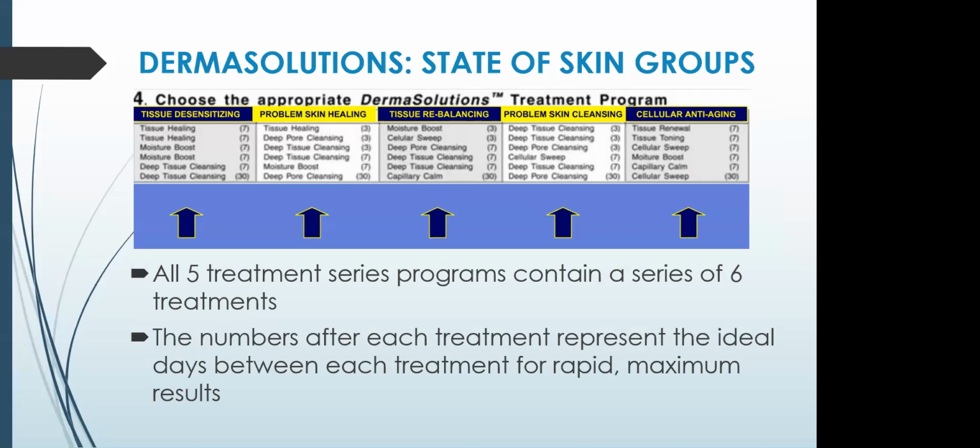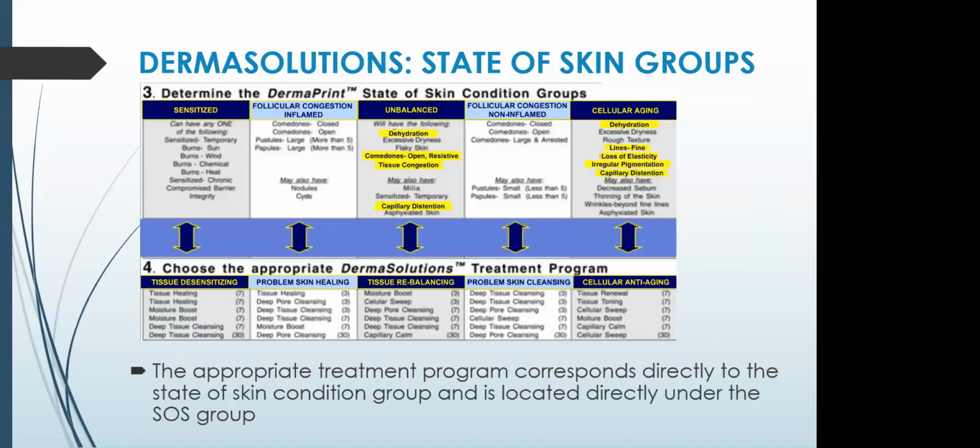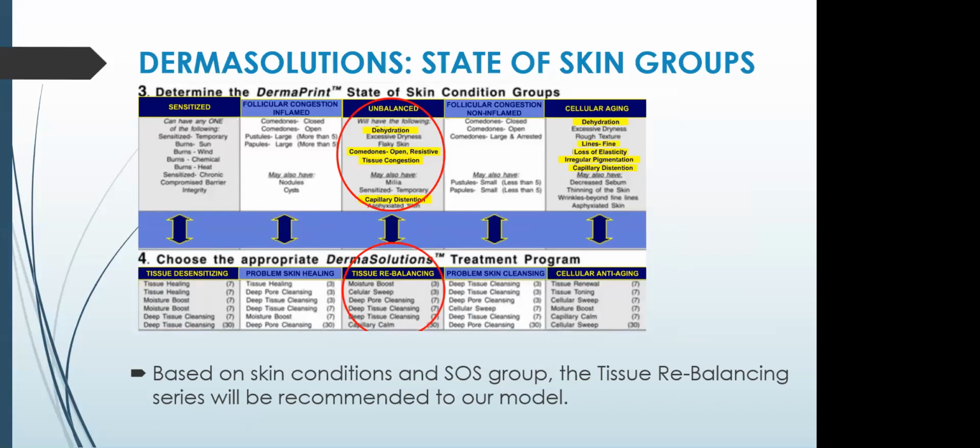The number after each of these treatments represents the ideal number of days between each treatment, and this is for rapid maximum results. So for our example, since our client is in the unbalanced skin condition group, directly below that, we are going to recommend that they receive a series of treatments called the Tissue Rebalancing. And don't forget, we have a brochure that explains each of these treatments for your client.